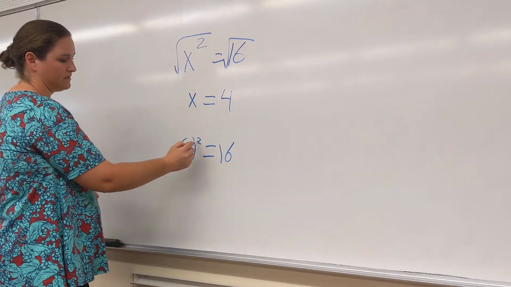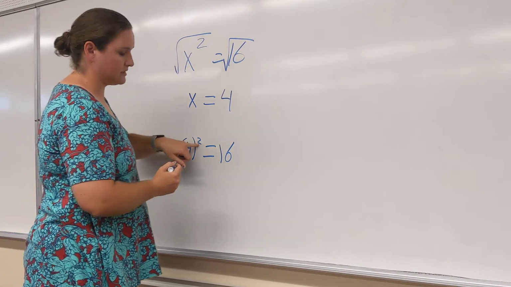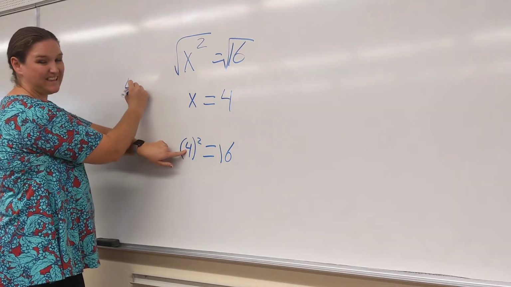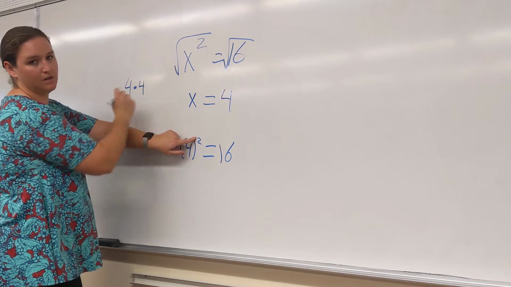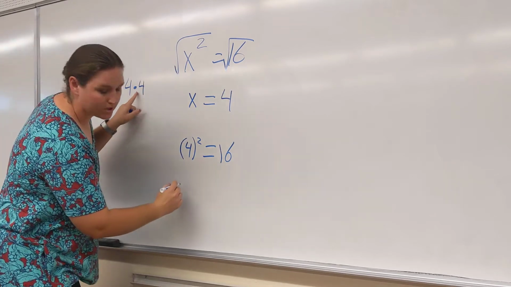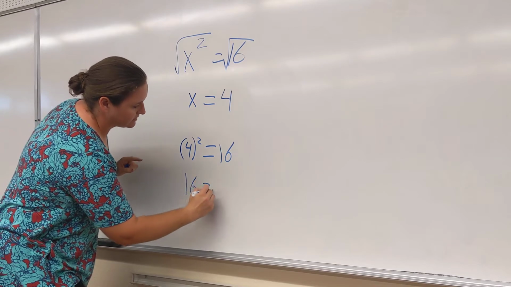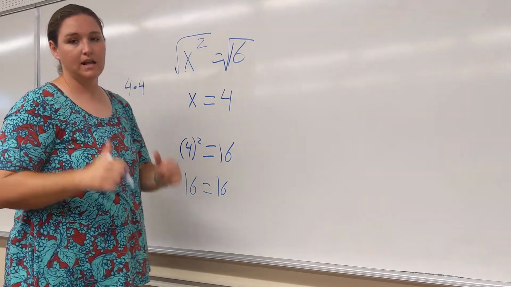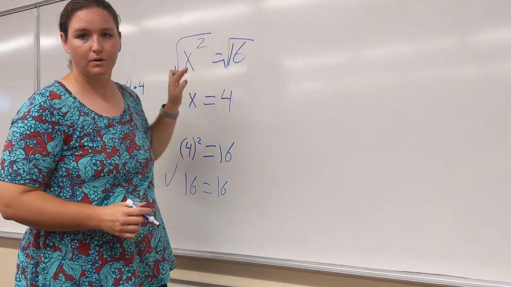Remember, this is the number times itself this many times. So it's 4 times 4. 4 times 4 is 16. 16. Check. Okay, now you know how to do it with squares and square roots.